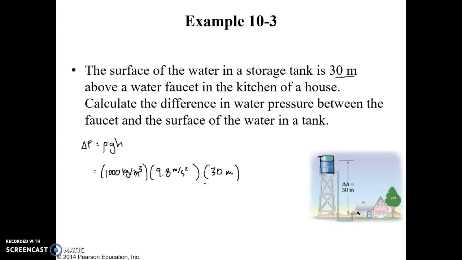So rho times g times h gives us a pressure difference of 2.9 times 10 to the fifth. And this is newtons per meter squared, and a newton over a meter squared is equal to a Pascal. So 2.9 times 10 to the fifth pascals is the pressure in the water.